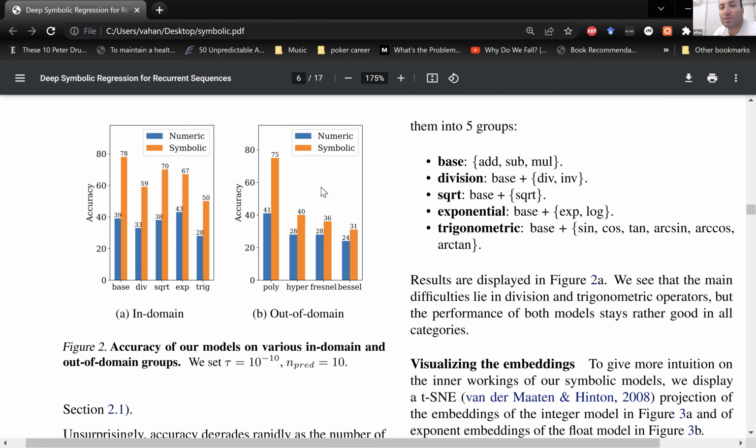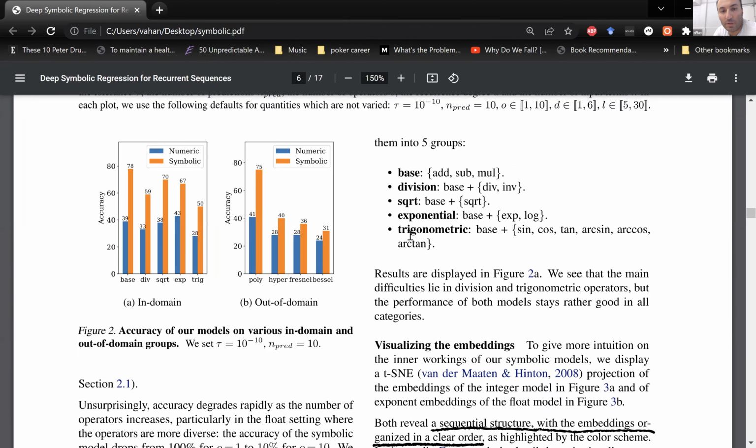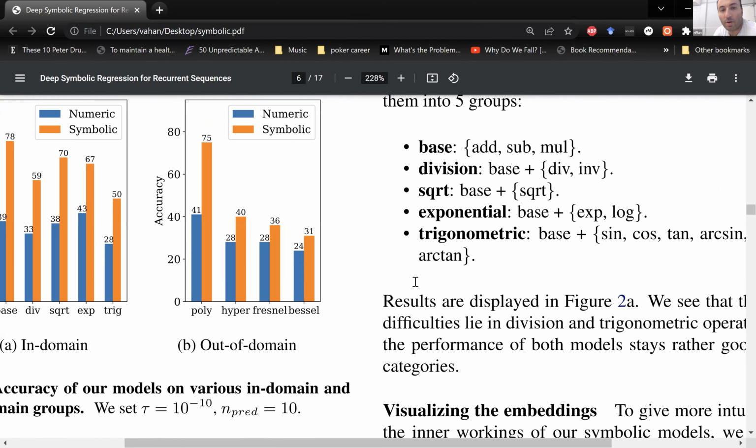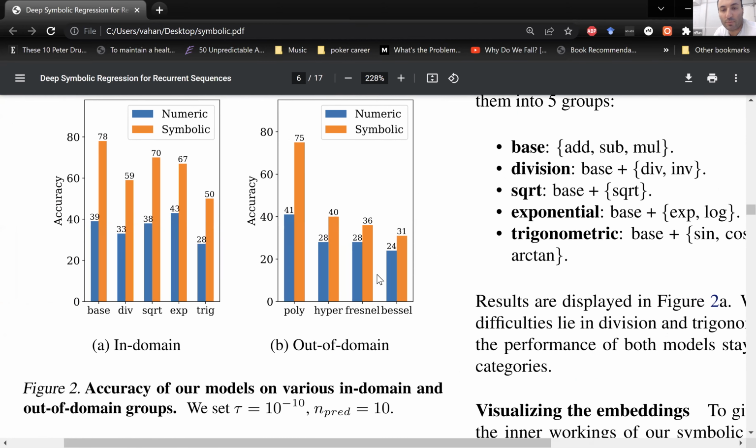Well, so the symbolic one learns polynomials well because it can find and express them, but the numeric one doesn't, right? Is that what we are saying? Yeah. But these other weird functions perform quite poorly, except they argue that this isn't all that bad. 40% out of domain is actually not that bad an accuracy.